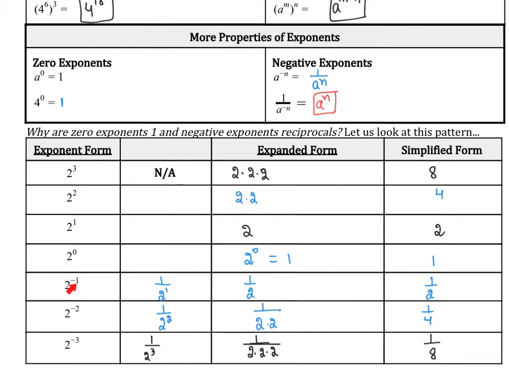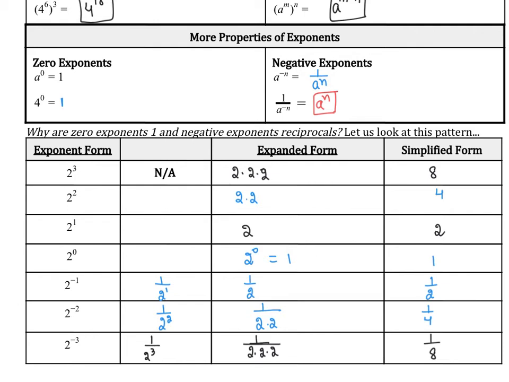In this case, you have a negative exponent. So the first thing you want to do is to flip it so that it becomes a positive exponent. So 1 over 2 to the power 1, and that's 1 over 2. And the simplified form is also 1 over 2. 2 to the power negative 2, making it a positive exponent, is 1 over 2 to the power 2.